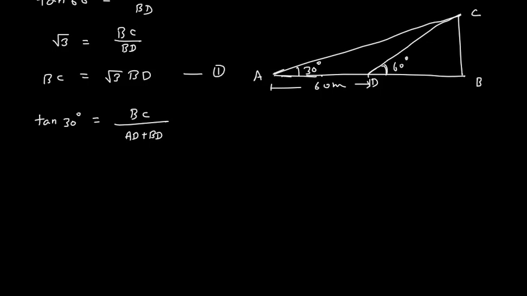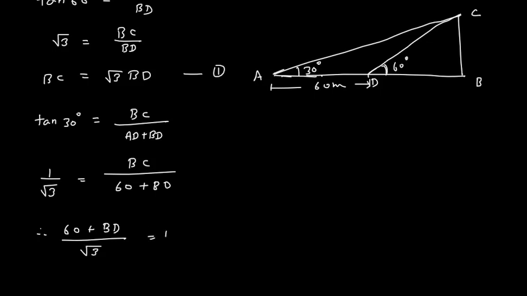The value of tan 30 is 1 upon root 3, equals BC upon AD plus BD. AD is 60 meters, so it is 60 plus BD. Therefore, 60 plus BD upon root 3 is equal to BC.